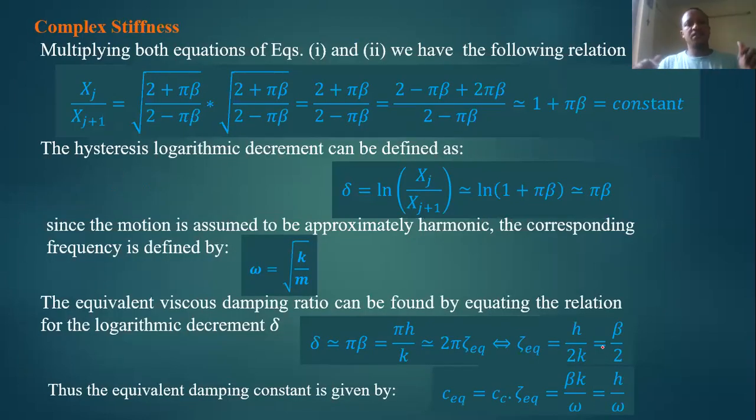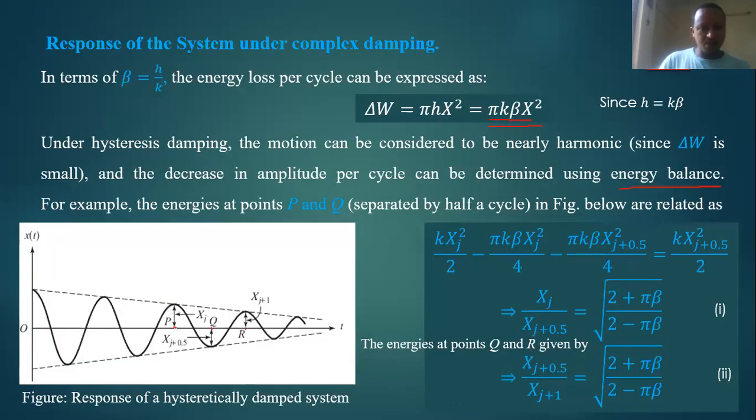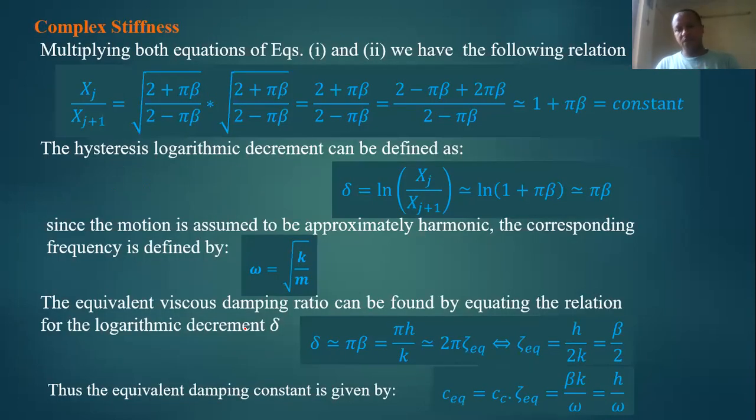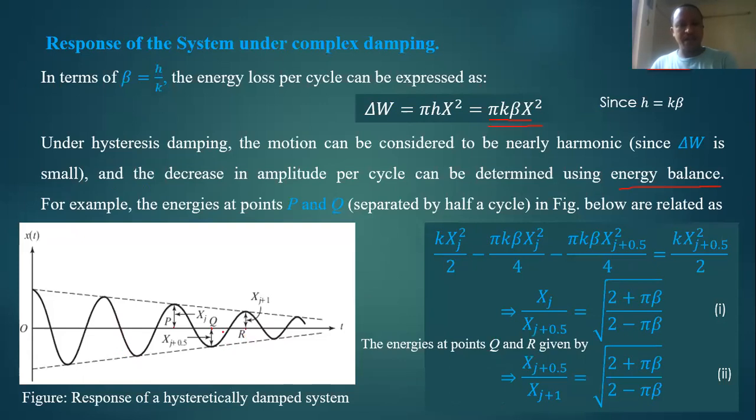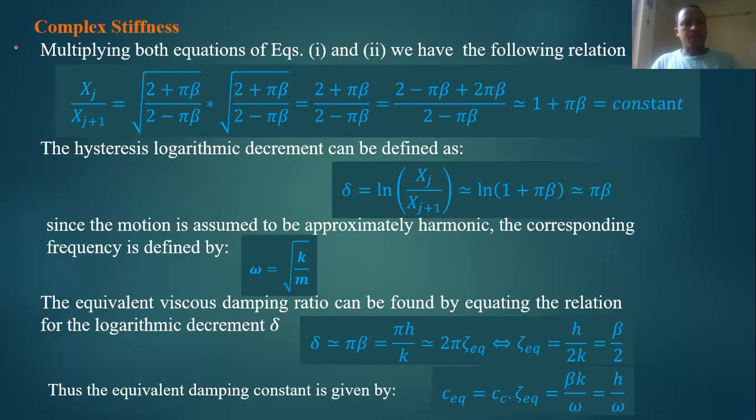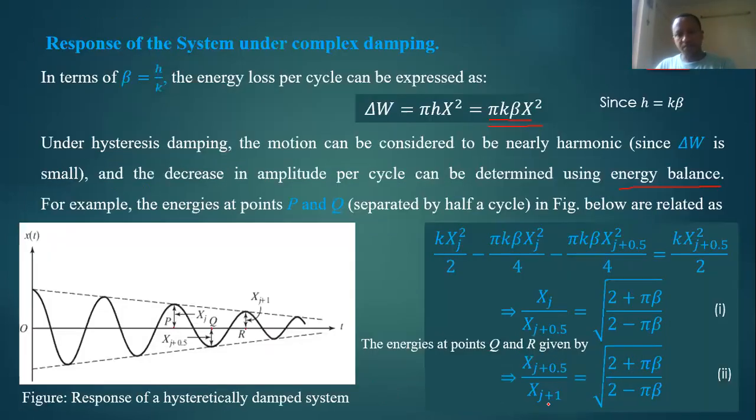Therefore, for the three points from point P to R, that is a full cycle, what will it be? xj over xj plus 1 is equal to, we can multiply the two terms, this one and this one, because it is a continuation from one to another.